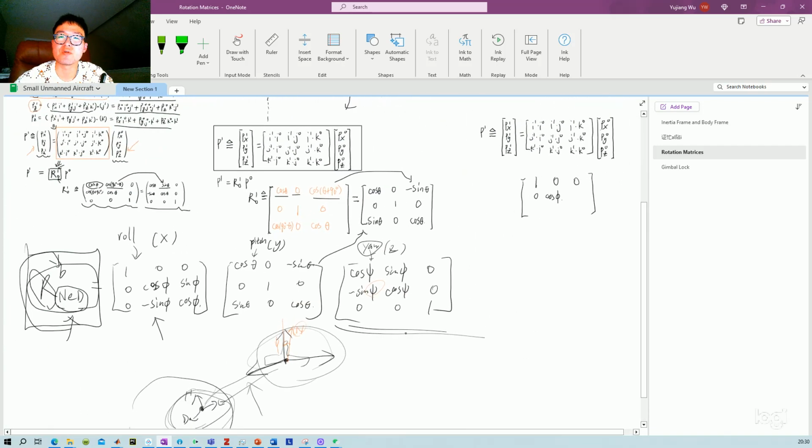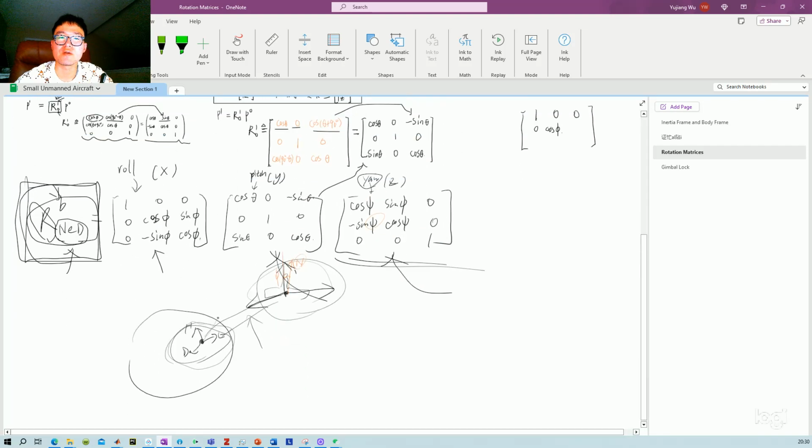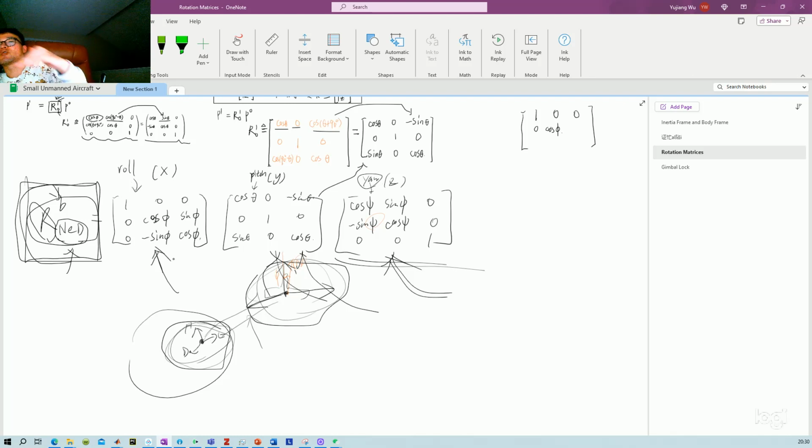Usually what you need to remember is that these are rotation matrices, and we decompose the rotation in 3D, from the so-called inertial frame to the base frame, into a sequence of 3 2D rotations against the z-axis, against the y-axis, and against the x-axis.